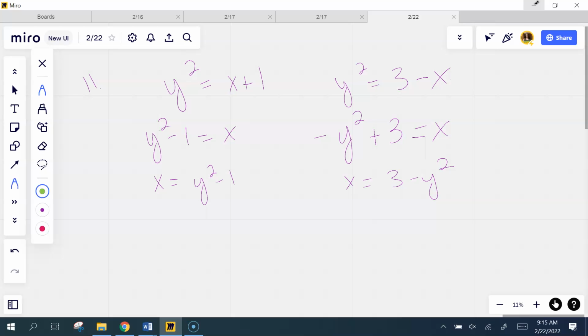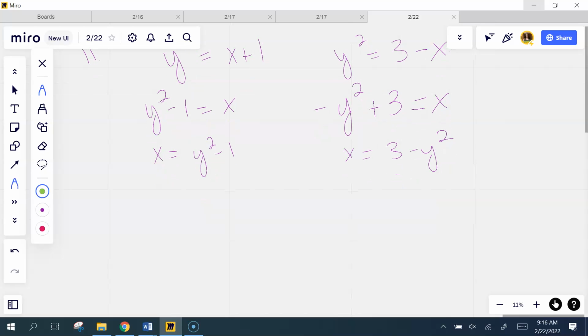I tend to think about this if I did solve it for y, it would be a square root graph, right? One going up and one going down. But Aaliyah is absolutely correct. This is half of a parabola graph, but on its side, right? So something like this, and this one is down, so it's going to be something like this.